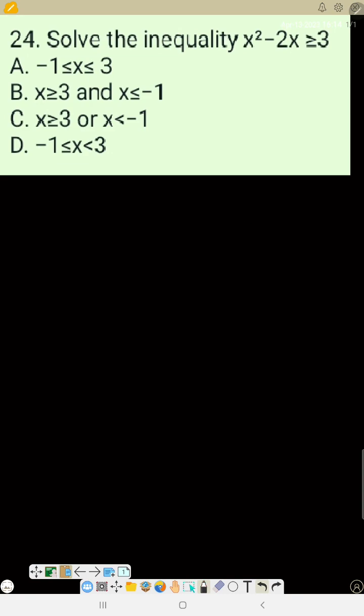So we have x squared minus 2x is greater than or equal to 3. So this is the same thing as x squared minus 2x minus 3 equals 0. So take this 3 in, so everything is greater than or equal to 0.